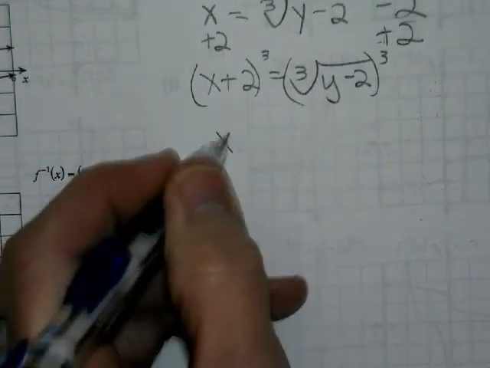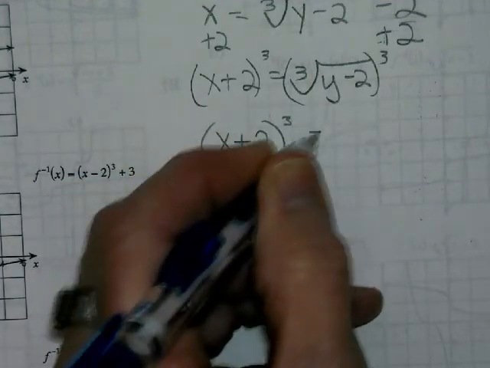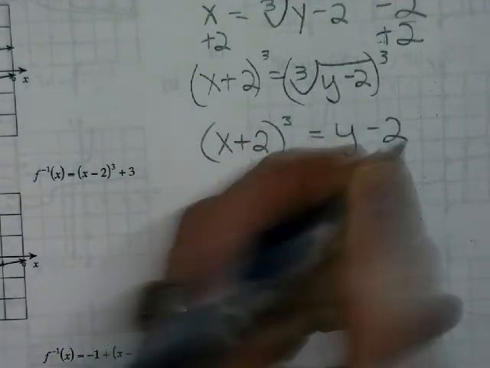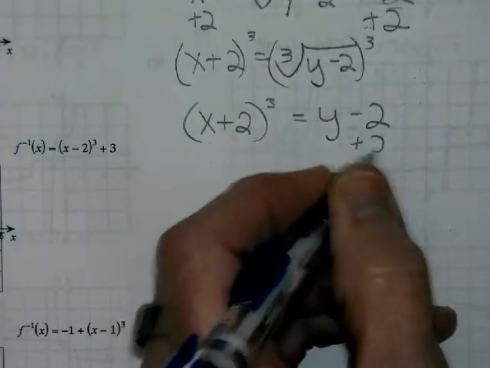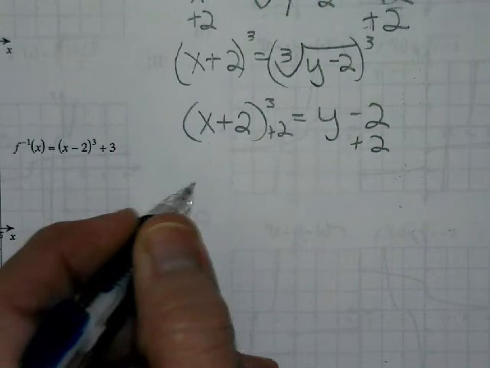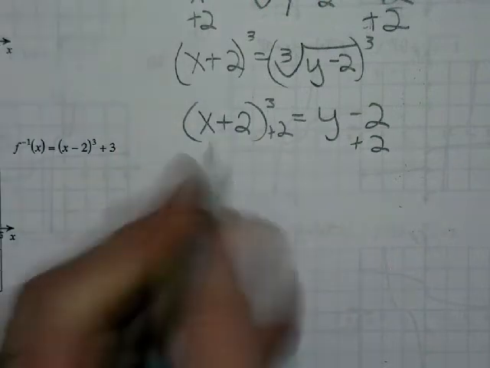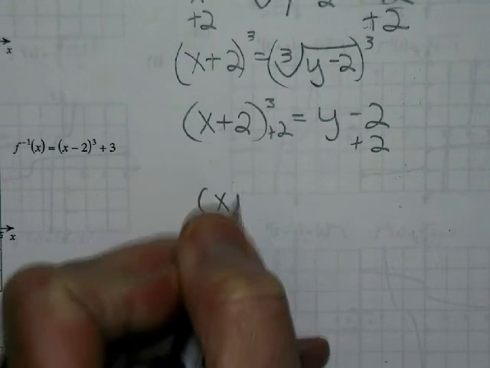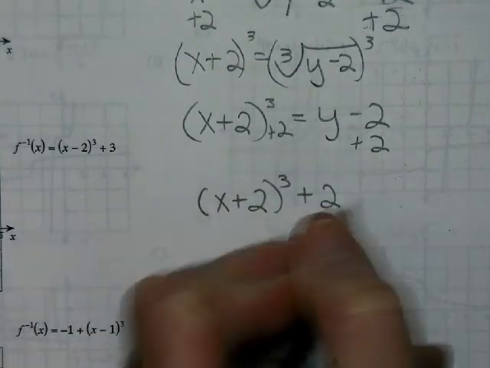So you end up with x plus 2 cubed is y minus 2. Adding 2 to both sides, and my inverse function for the original one written here is quantity x plus 2 cubed plus 2.